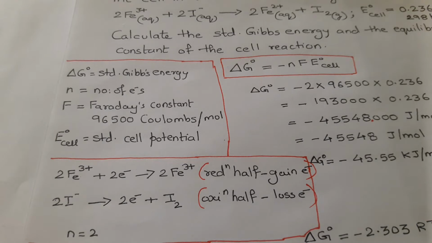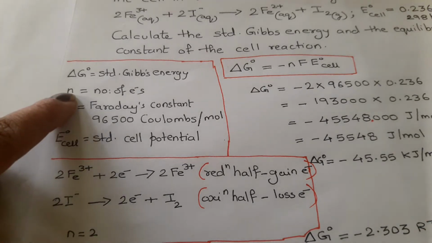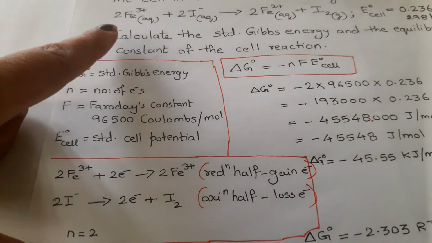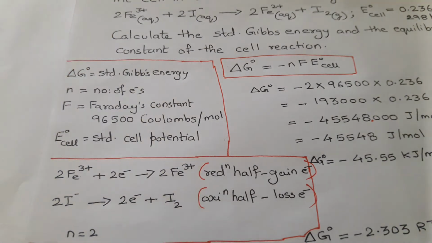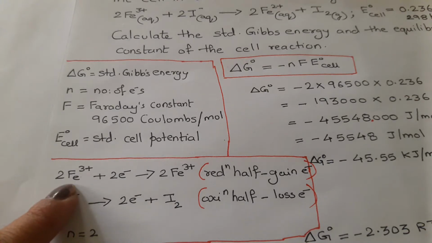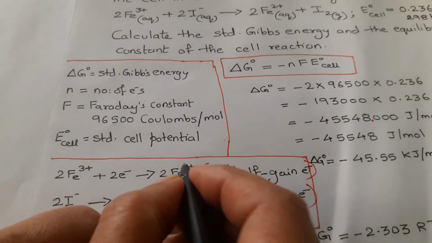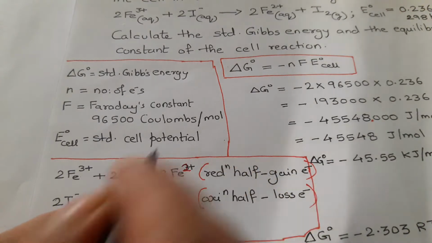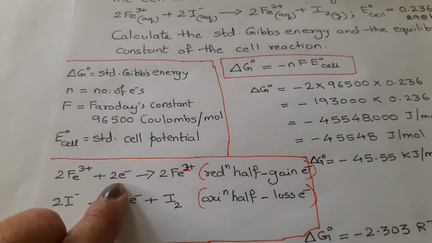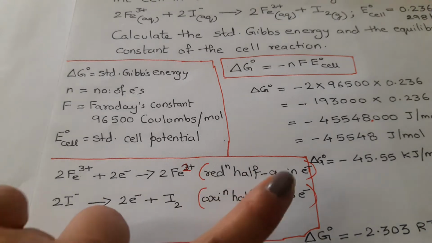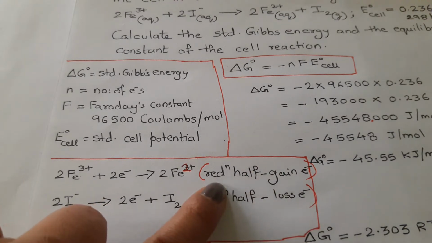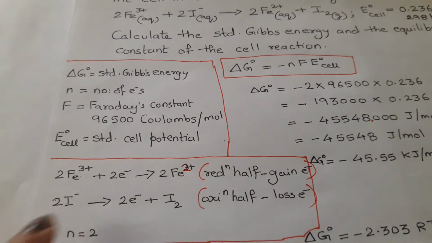To find the number of electrons, we have to see the reaction, and from that we need to find which is going to be the reduction half and which is going to be the oxidation half. So we see that Fe3+ becomes Fe2+ by gaining electrons. So there is gain of electrons, so this represents the reduction half.